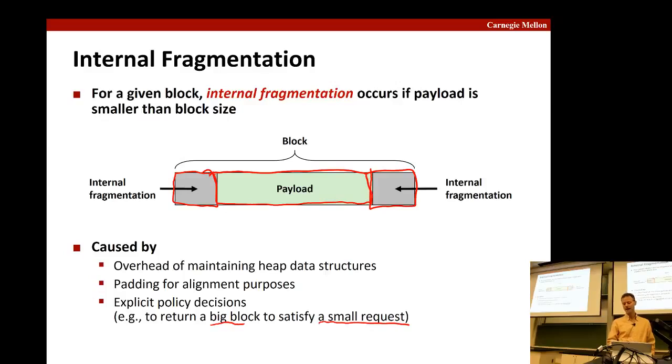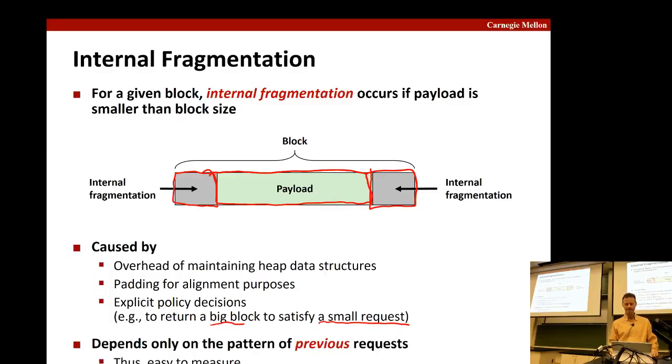But that could create a lot of extra padding, beyond just alignment padding. The good news is that internal fragmentation is a function of the requests so far. If you run up to a certain step, you can do that calculation and figure out exactly how much internal fragmentation has shown up so far.